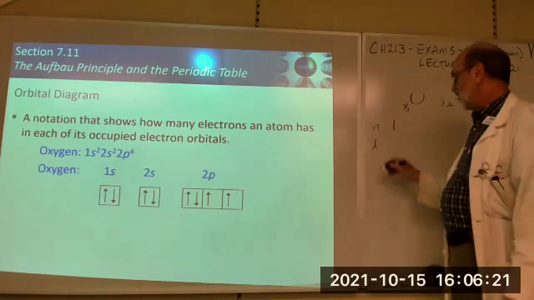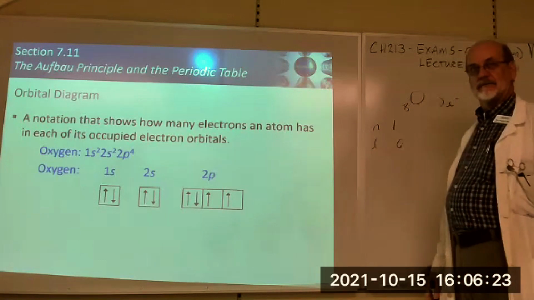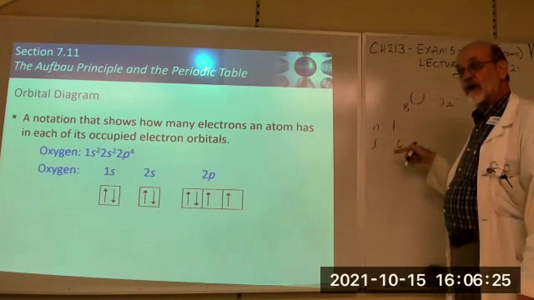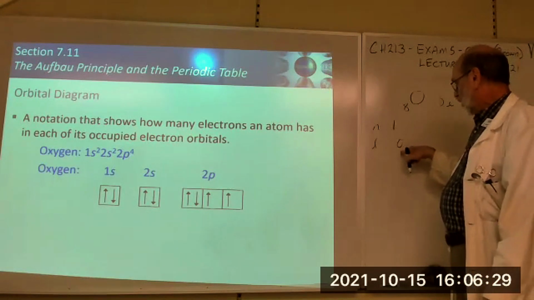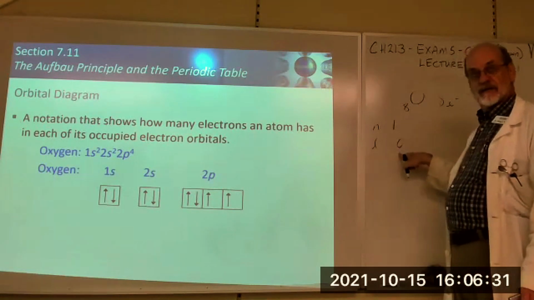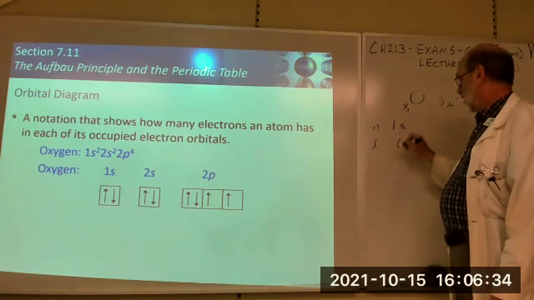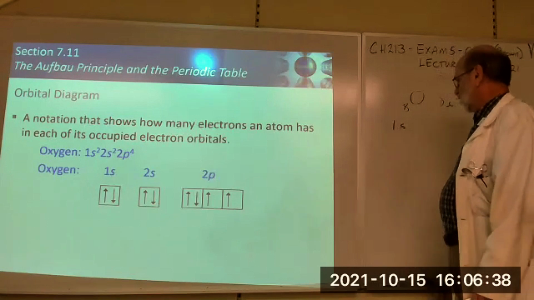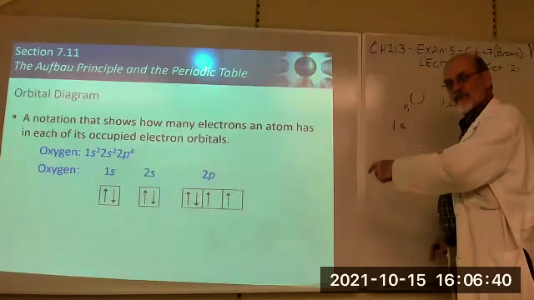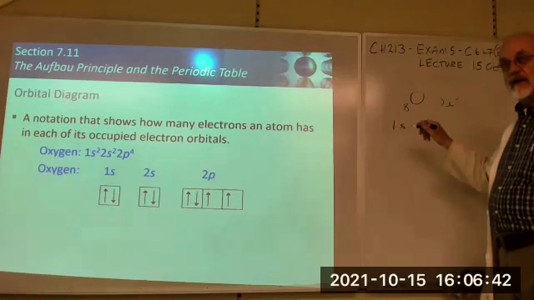L can only be 0. That's it. Just 1 minus 1 is 0. You're done. And remember, L 0 is the letter S. So 1s is all that you can have in that principal quantum number level. That's it. Can't go any further.